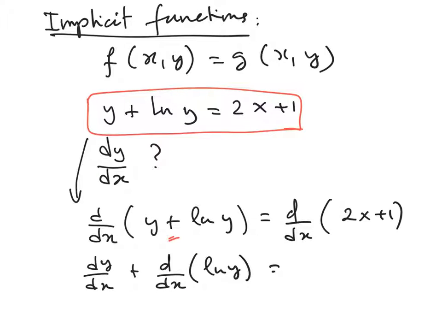The right side is also a sum of two functions, 2 plus 0. On the left side, we have dy over dx, which is what we are looking for. We also have d over dx of ln y.